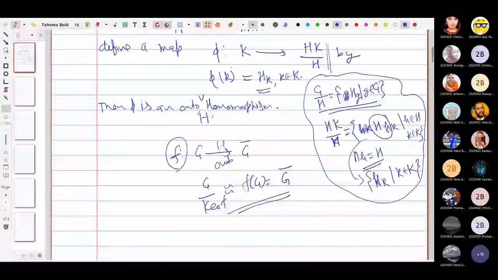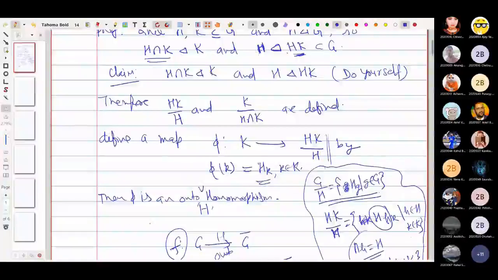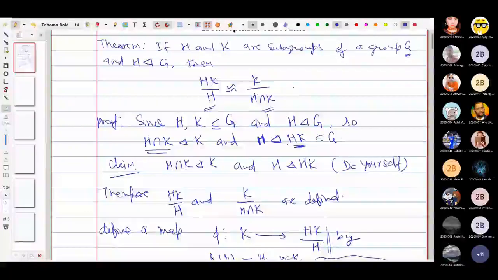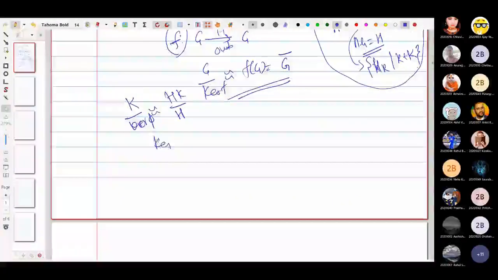And here also we need to find a map phi which is defined from K to HK by H, and this is onto and a homomorphism. Then in that case, what can we say? We can say that K divided by kernel of phi is isomorphic to HK by H. So what we are supposed to prove? HK by H is isomorphic to K by H intersection K. So finally we need to prove that the kernel of phi is nothing but H intersection K.